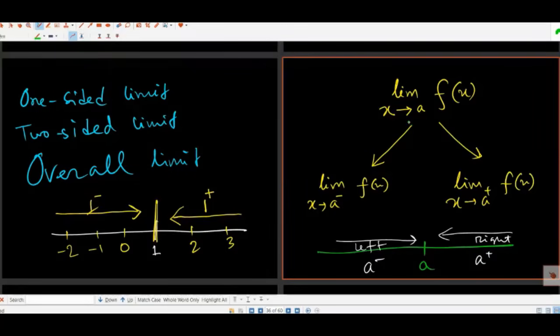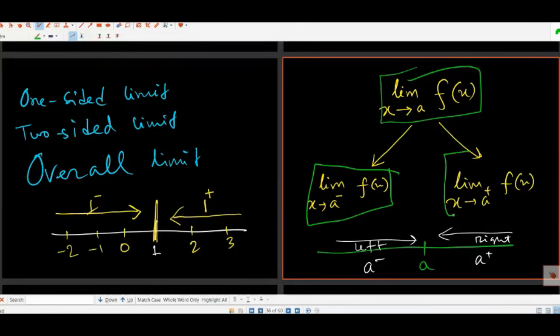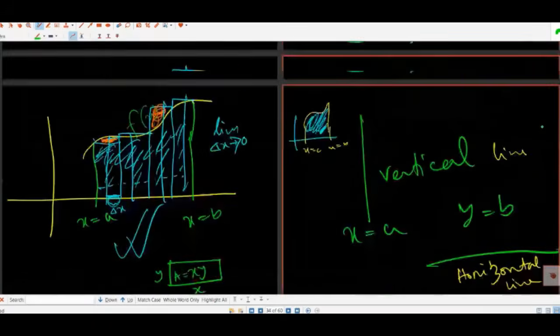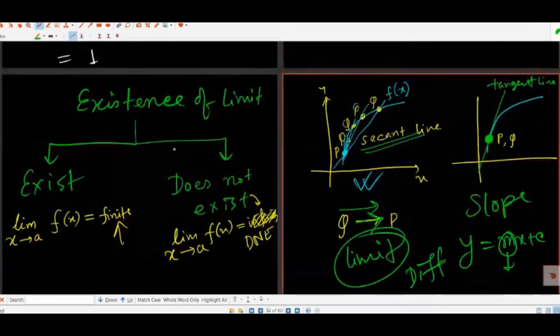We can separate a limit into two parts, that is left hand limit and right hand limit. These are the mathematical terms. In short, we can write this is the left hand limit and the second one is the right hand limit. I have mentioned that a limit may exist, or may not exist.